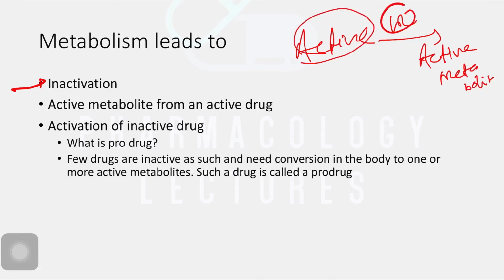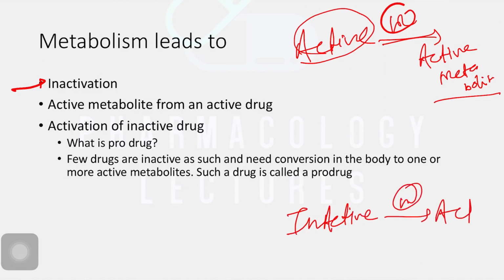So there are some drugs that are active, and through metabolism they produce active metabolites. And another aspect is few drugs are inactive as such, and due to metabolism they produce active metabolites. So metabolism is involved in both these procedures.